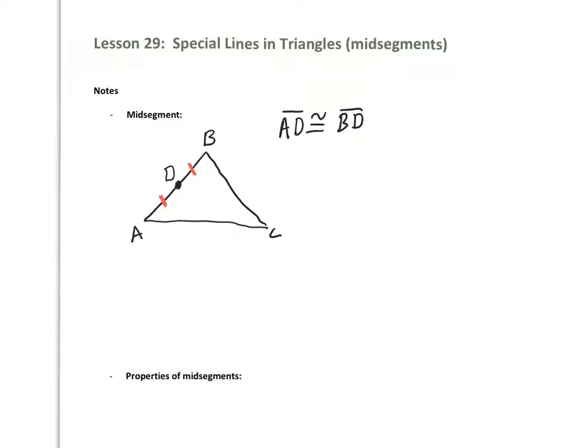Okay, now we'll do the same thing for side BC. Right about here is going to be the midpoint for that side, and we end up with those two parts congruent. Let's label this point E. So we end up with BE congruent to CE.